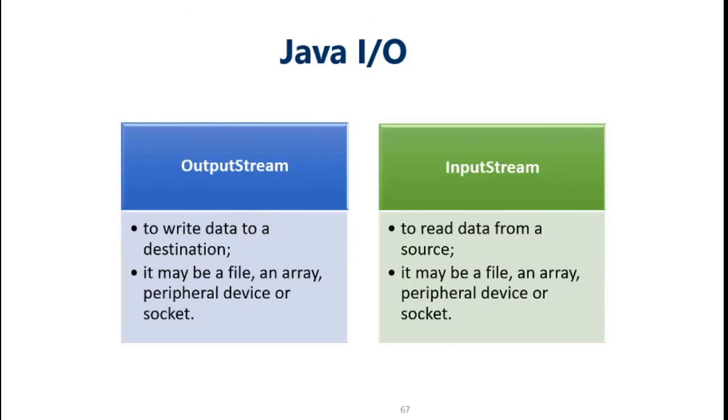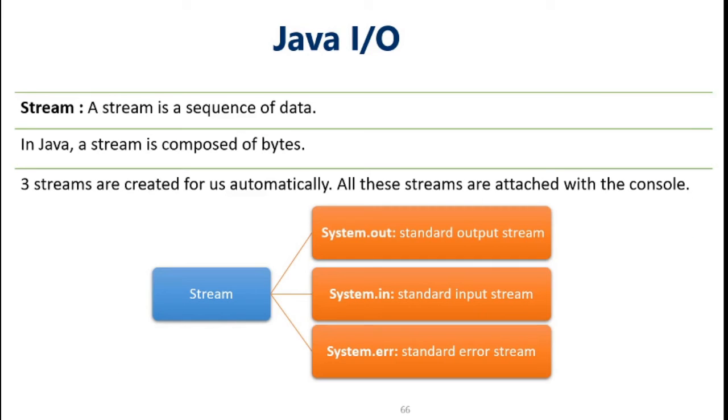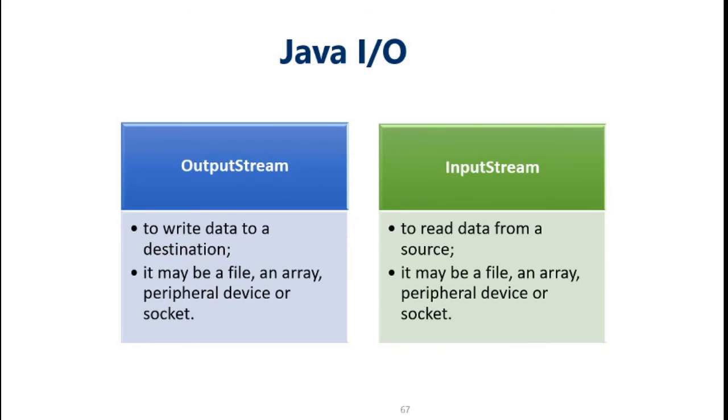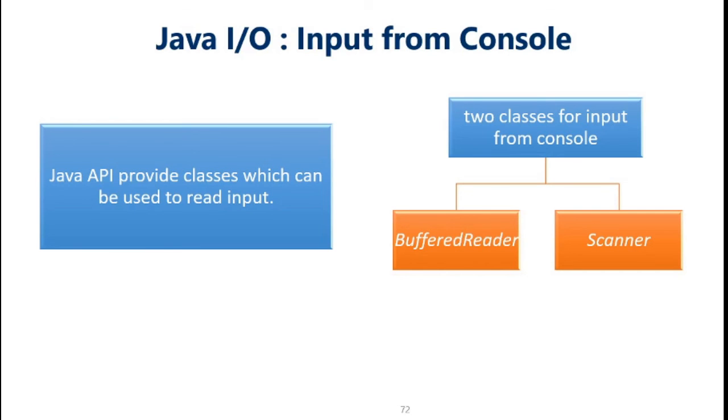And then Java input output. In Java input output, different ways of giving input to the program, then what is a stream, different types of streams, command line arguments, and input from the console.